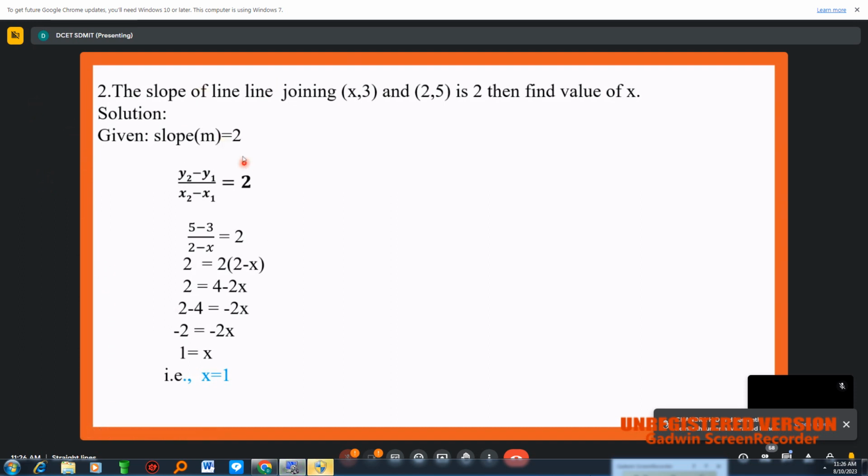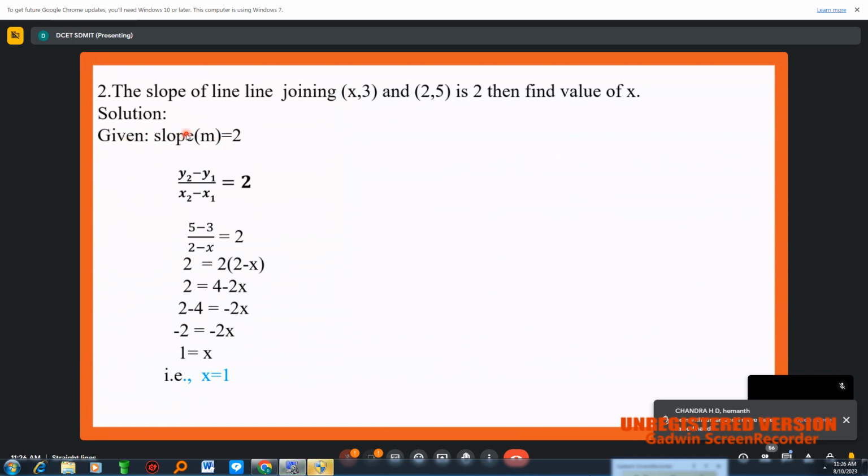Now in the second problem they have given that the slope of the line joining x comma 3 and 2 comma 5 is 2. Then find the value of x. So they have given the slope is 2 and the two points x1 y1 and x2 y2. We have to find the value of x. First you should write the given part: slope is 2.